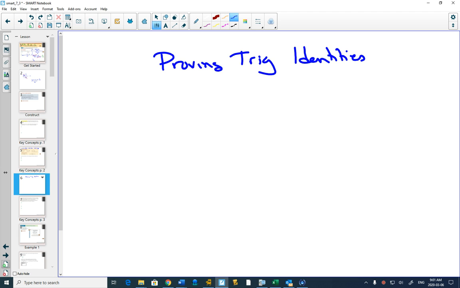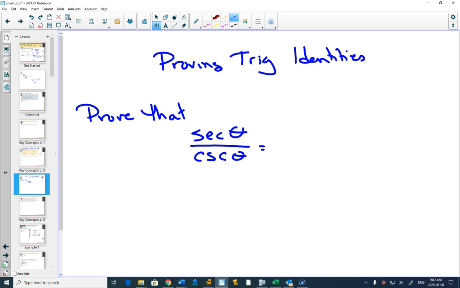If you get a statement between one trig function and another trig function, and you get a question that says, prove the following, I'll give you an example. Prove that secant theta divided by cosecant theta is equal to tan of theta.